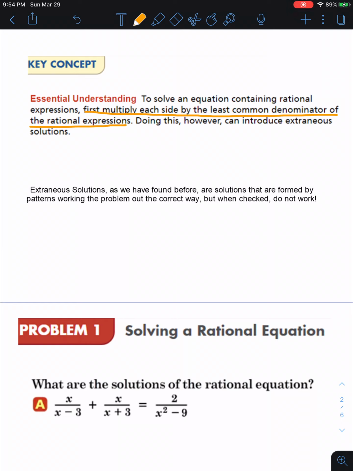Doing this, however, can introduce extraneous solutions. So what is an extraneous solution? An extraneous solution is one that, as we've seen before, is formed by working the problem out correctly, but when we check it, it doesn't work. So there's an extraneous solution. You always have to check your work.